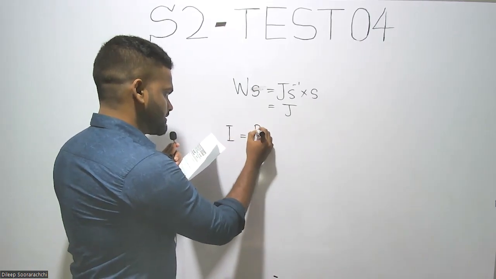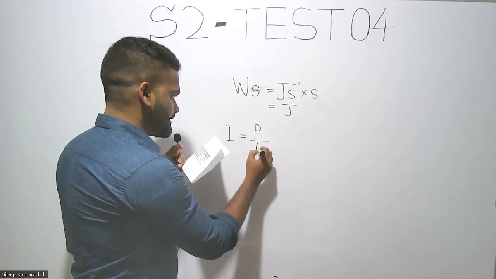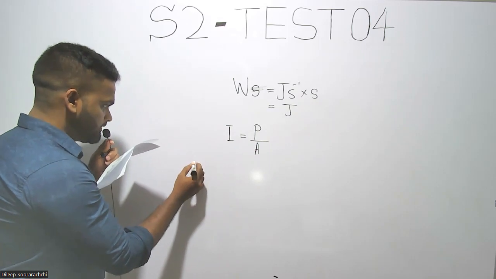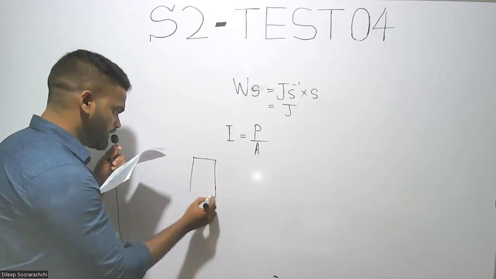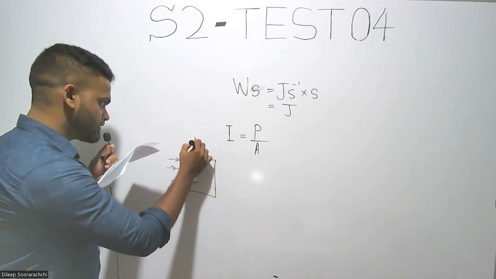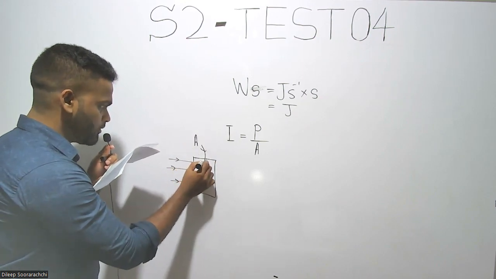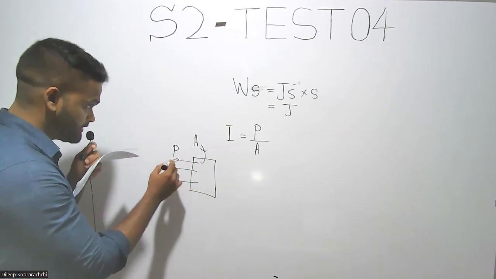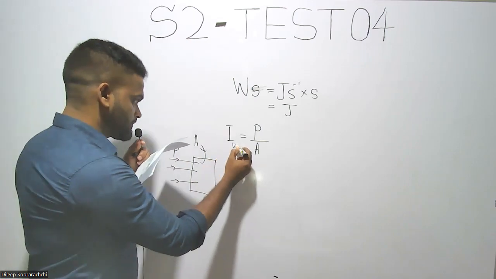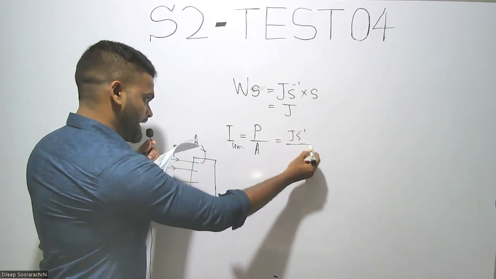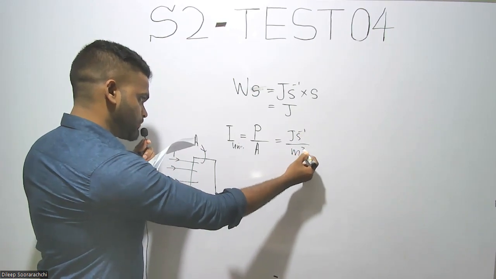Intensity means power divided by area. So you have to consider the amount of power going through a normal cross section. The unit of power is joules per second, and the area is meter squared.